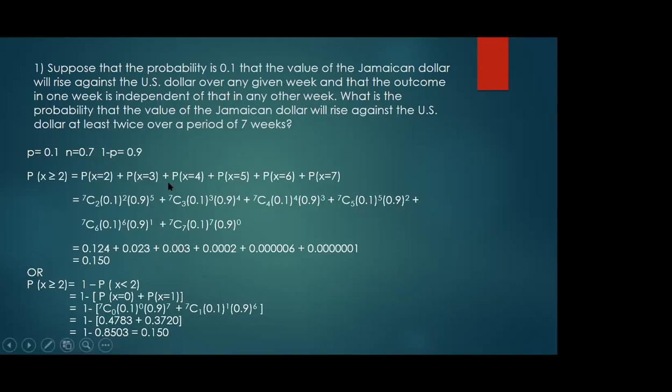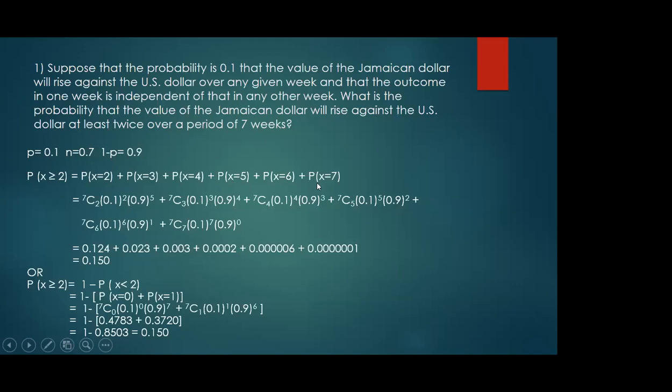0.023. Plus the probability that x is equal to 4 is going to give us 7 choose 4 times 0.1 raised to 4 times 0.9 raised to 3, which is going to be 0.03, plus the probability that, you guys feel how exhausting it is?